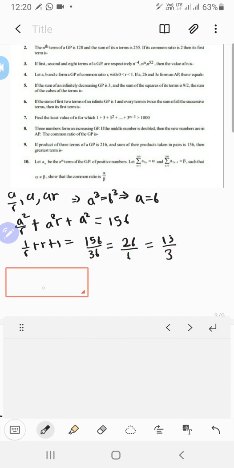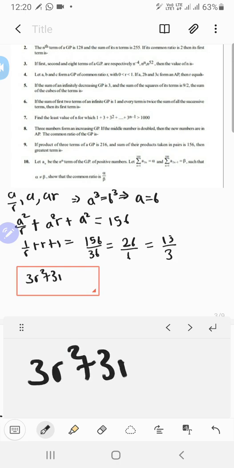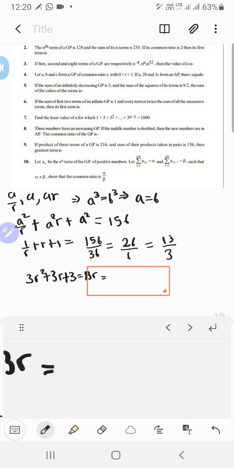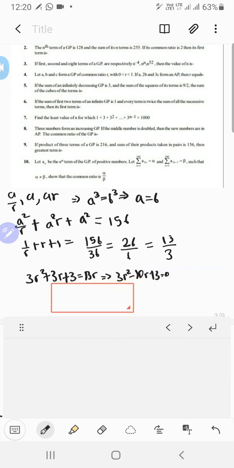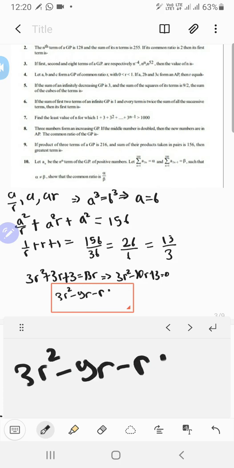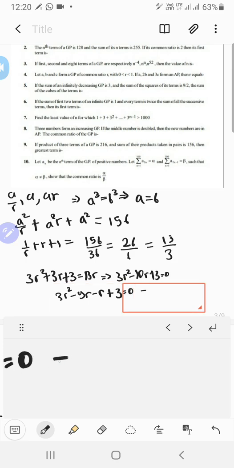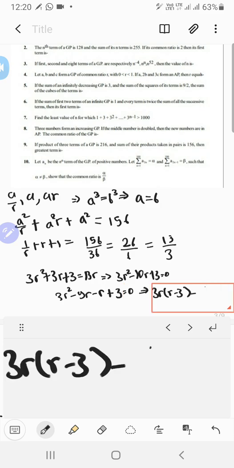Okay, so now let's make a quadratic out of this. So you get 3r squared plus 3r plus 3 is equal to 13r, which means that 3r squared minus 10r plus 3 is equal to 0. Now you can factor this as 3r squared minus 9r minus r plus 3 is equal to 0, which gives me 3r times r minus 3 minus of r minus 3 is equal to 0.